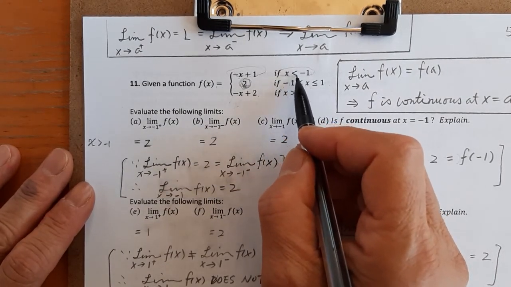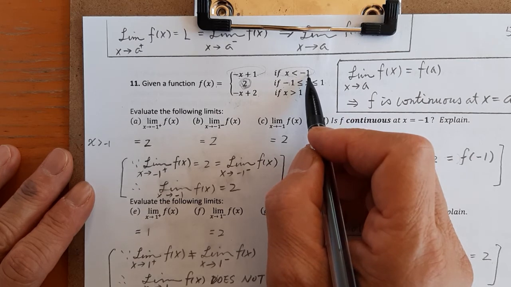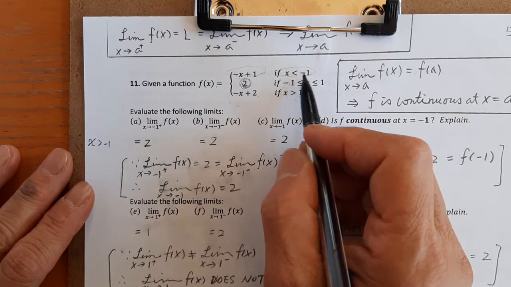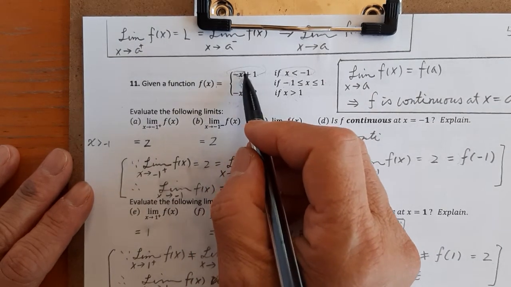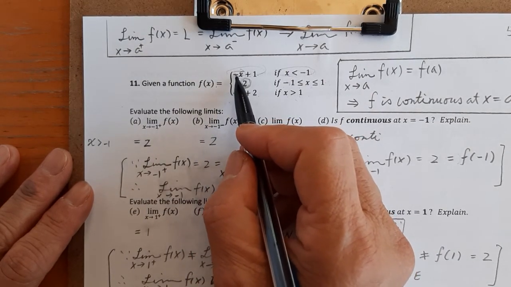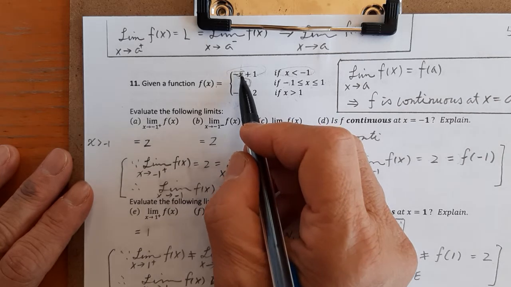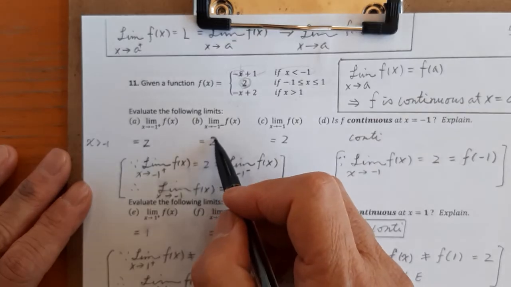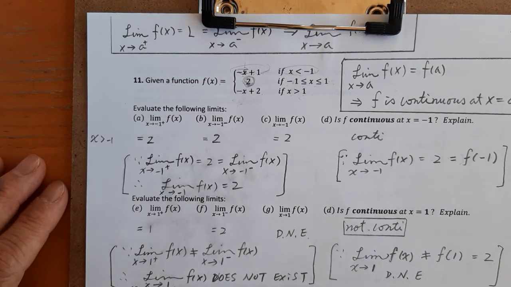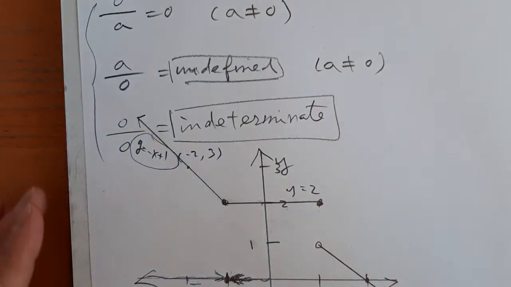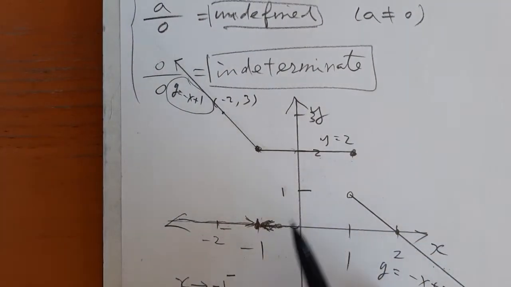When x is less than -1 and x approaches -1, you plug in: negative times -1 is positive 1, add 1 approaches 2. So the limit is 2. You can see it from the graph.